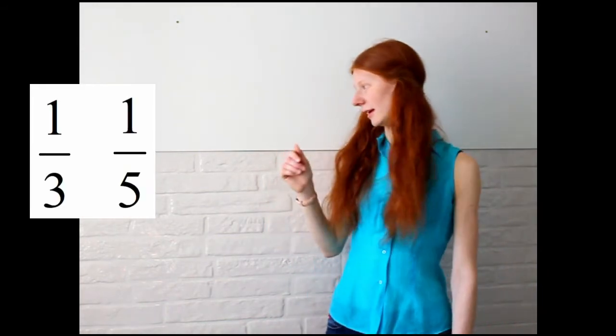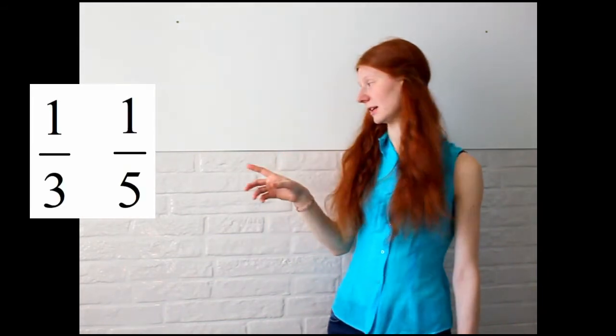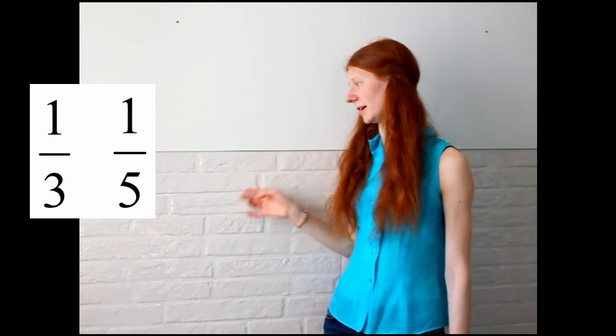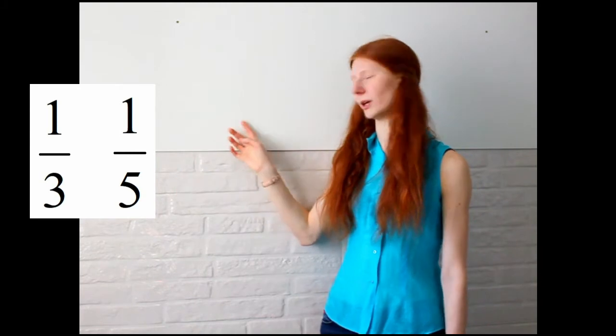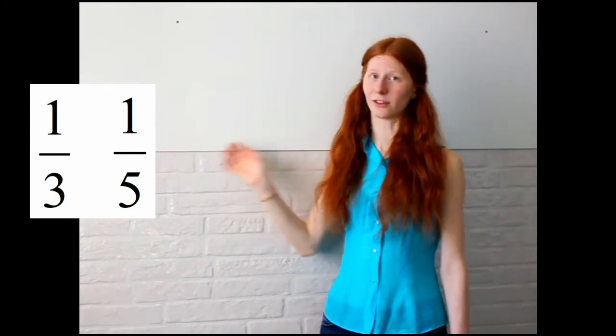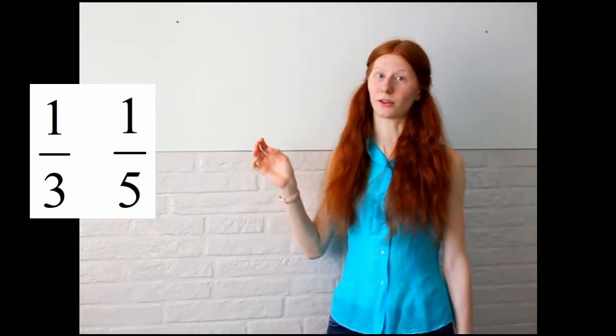Okay, fractions are really tricky things. For example, if we want to make some operations with fractions, we should always be aware of the mistakes we can make. And the most common mistake is confusing the denominator. For example, if we have 1/3 and 1/5, we cannot add these numbers as simply as we add 3 and 5.